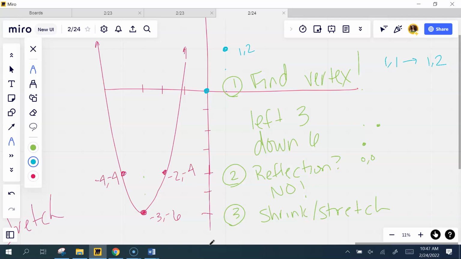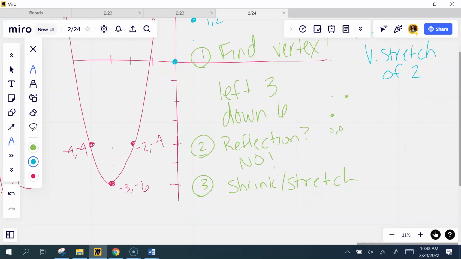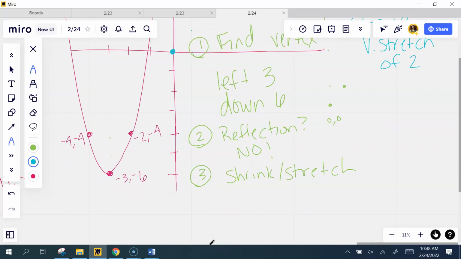Vertical what? Stretch. It looks like a vertical stretch of what? 2. Remember, vertical is what it is, horizontal is opposite. So it looks like a vertical stretch of 2. Does everybody see how I reasoned through that? Find your slides first.